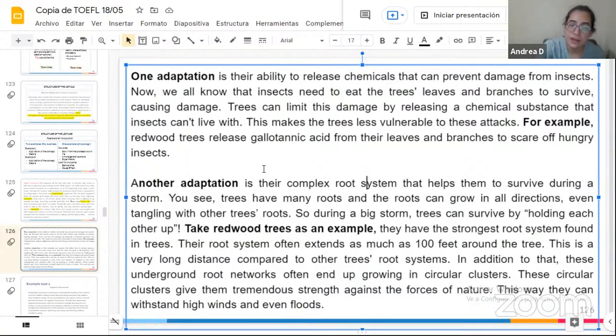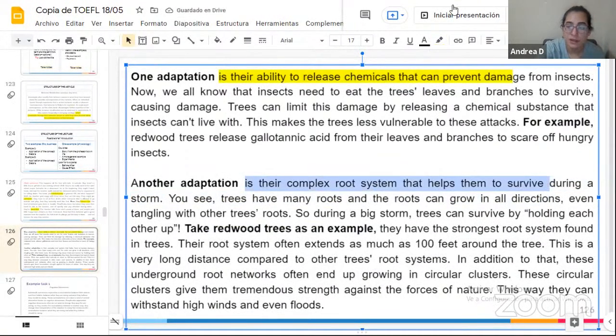And another thing, if you're wondering what the most important information is, it's always the beginning, the introduction to each subtopic. So one adaptation is their ability to release chemicals. Another one is their complex root system. That's the most important part.